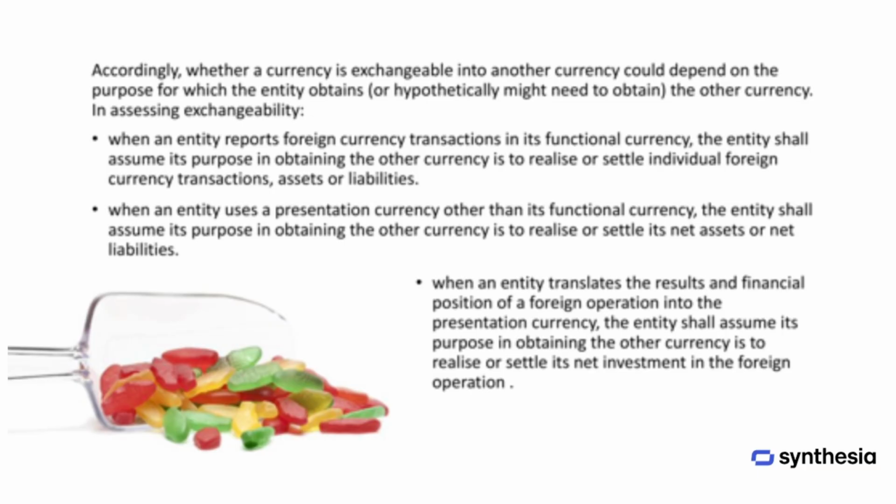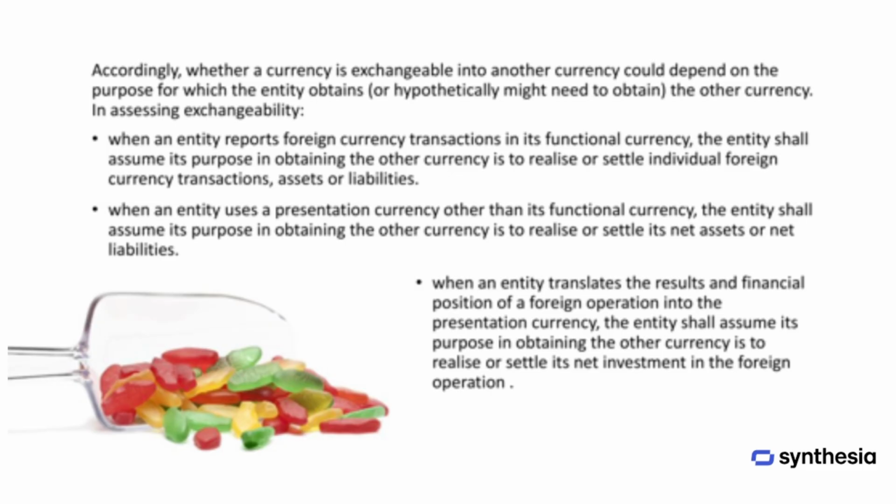Whether a currency is exchangeable into another currency may depend on why the entity needs the other currency, or even why it might need it in a hypothetical situation. So, how should an entity assess this? When an entity reports foreign currency transactions in its functional currency, it should assume that its purpose in obtaining the other currency is to settle or realize individual transactions, assets, or liabilities in that foreign currency.